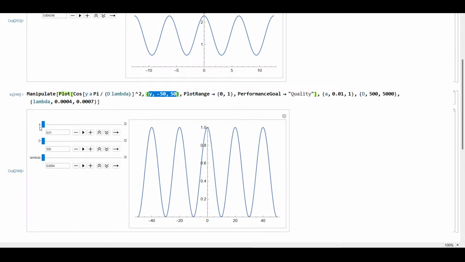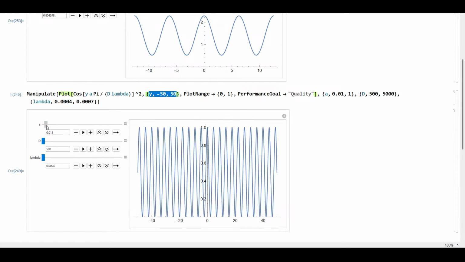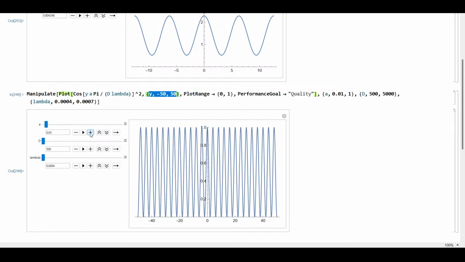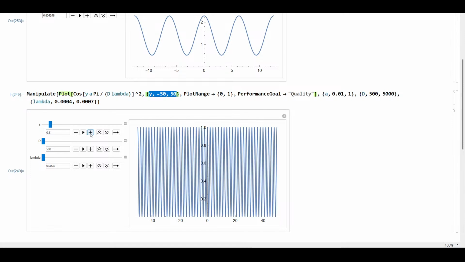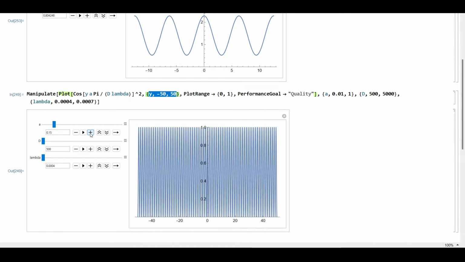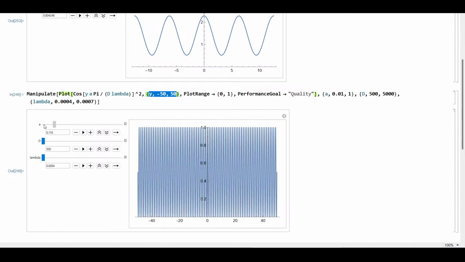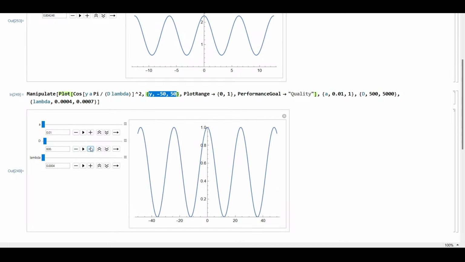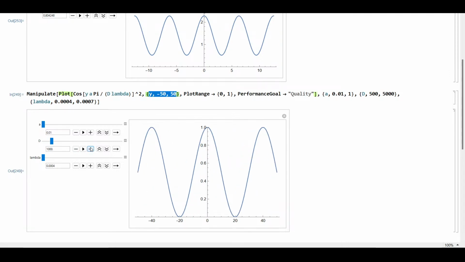Now you see, if I increase my slit separation, what happens? My fringe width starts decreasing. See this? I increase my slit separation, my fringe width starts decreasing. Now if I increase my distance to the screen, then my fringe width increases.